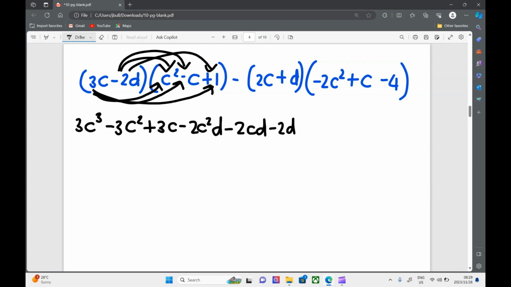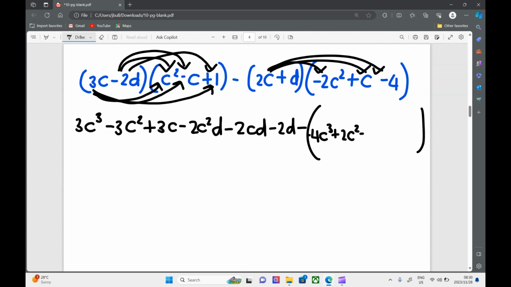Okay, and then we've got this whole bracket. I'm just going to put a minus, and then I'm going to put the bracket with everything multiplied out. I don't know if I'm going to have enough space here. Let's try. 2c times minus 2c is going to be minus 4c³. 2c times c is going to be 2c squared. 2c times minus 4 is going to be minus 8c. d times minus 2c is minus 2c squared d. d times c is cd.